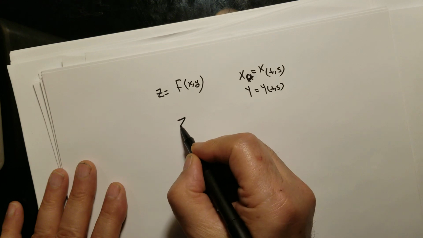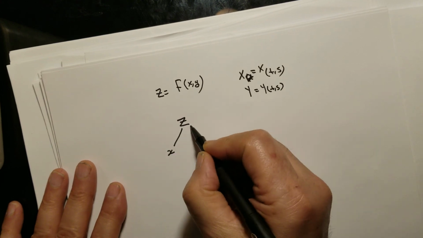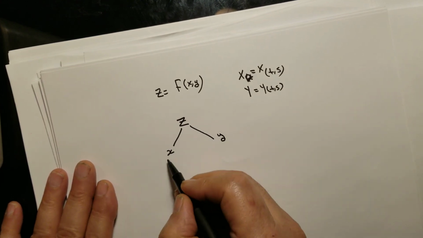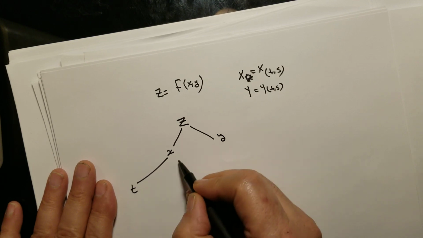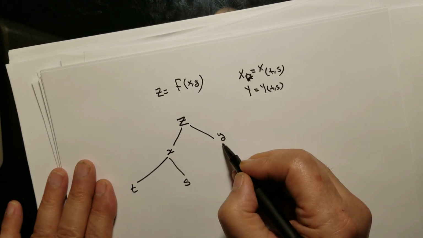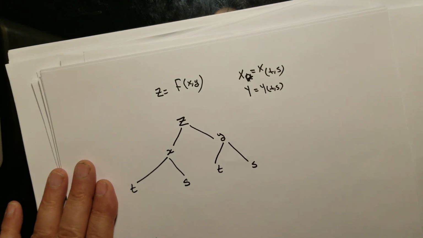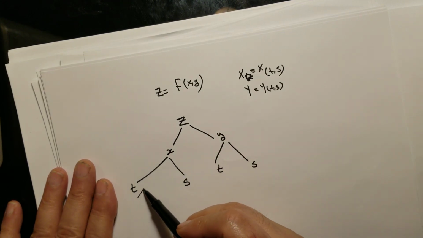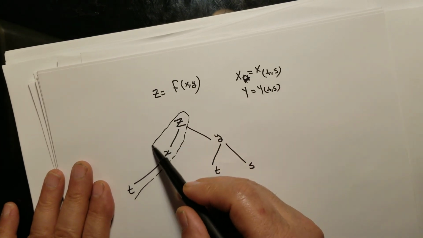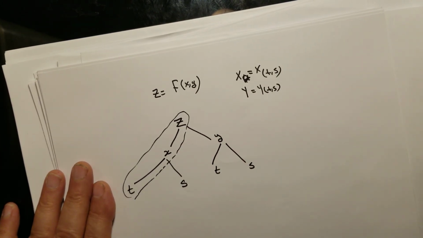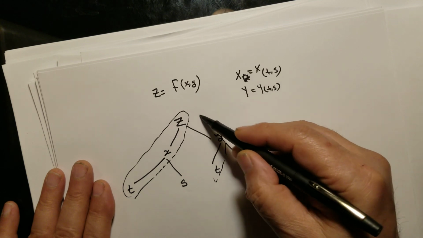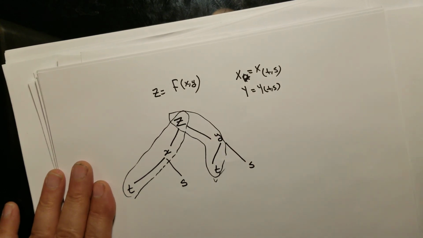Therefore, if z is a function of x and y, and x is a function of t and s, and y is a function of t and s, in order to get to z from t you have one route through x and one route through y.